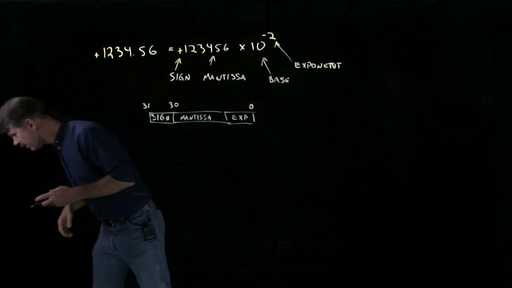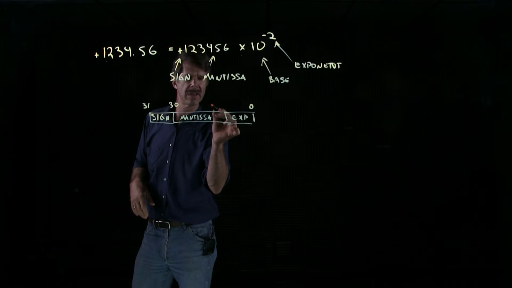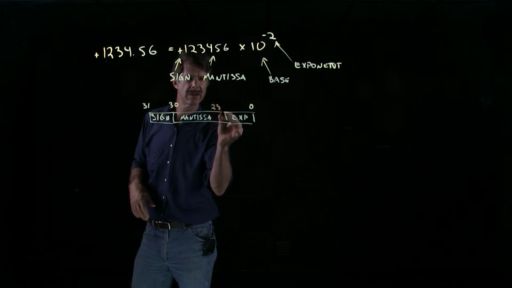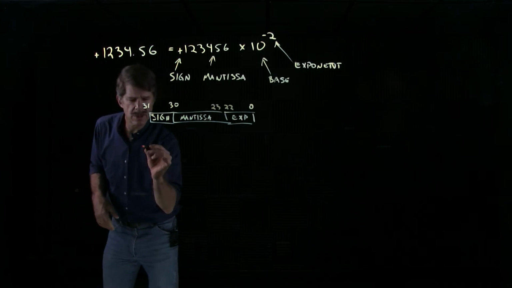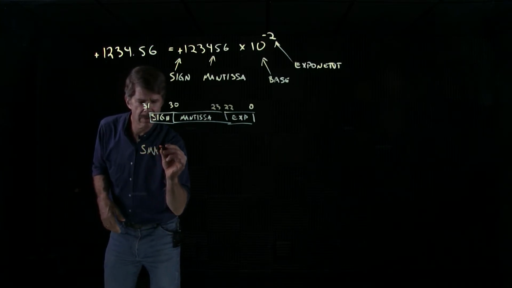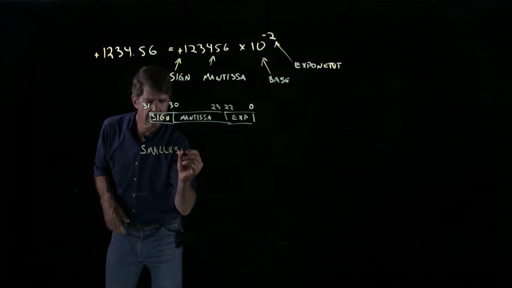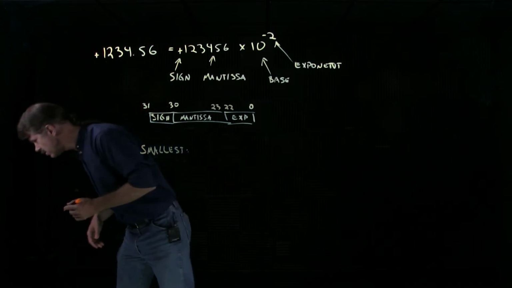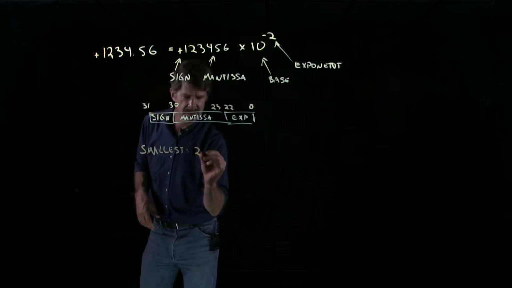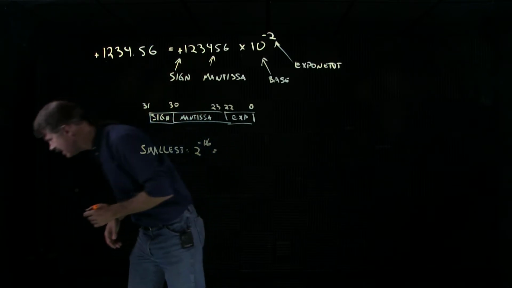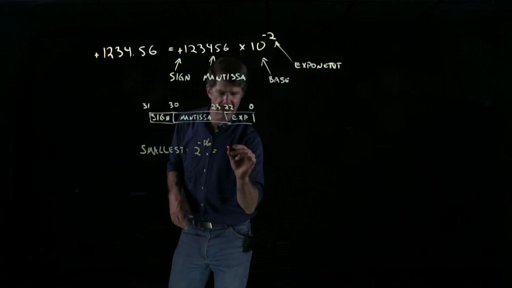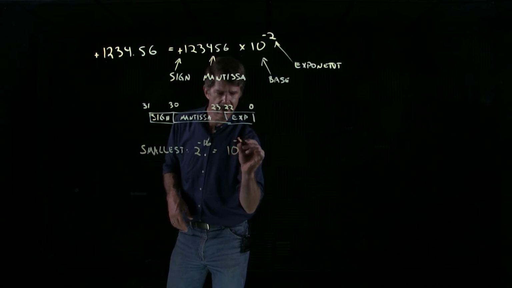And in the case that I wrote there, if we make this the 23rd digit and that the 22nd, which is one of the common standards, the smallest number is 2 to the minus 126. And that is around 10 to the minus 38 in rough numbers.